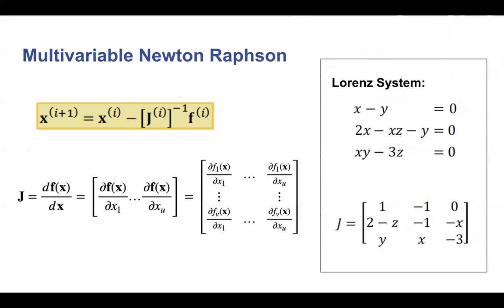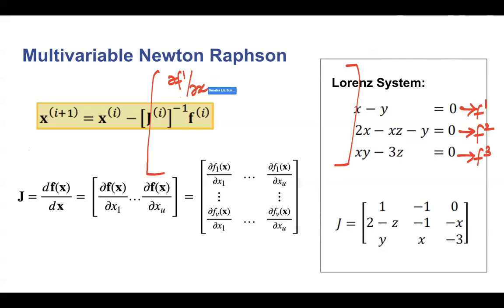Okay. Now the partial differential part comes like this. Imagine you have three functions, f1, f2, f3. Jacobian matrix comes like this. Let me just clearly write here. You have the first function derivative with respect to the first variable. So in this case, it is first variable as x. Now the second function derivative with respect to the second variable, here it is y. Now the first function, but derivative with respect to the third variable.